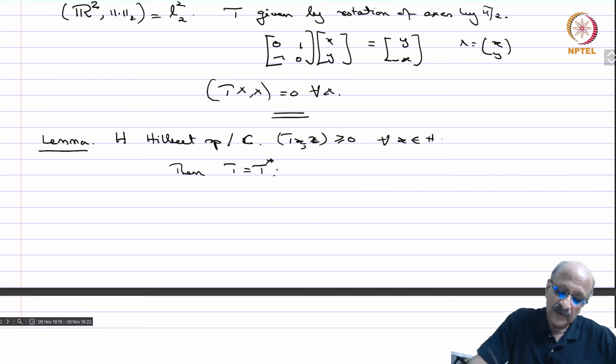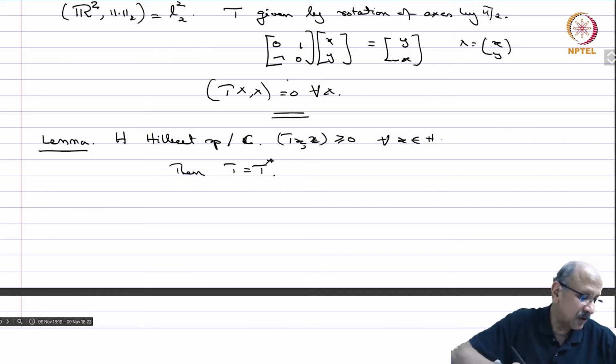Again, obviously this doesn't apply to the real case, because the previous example gave you <Tx,x> equal to 0, which is a particular case of <Tx,x> greater than or equal to 0, and this matrix is not a self-adjoint matrix, and therefore this is not applicable in the real case.